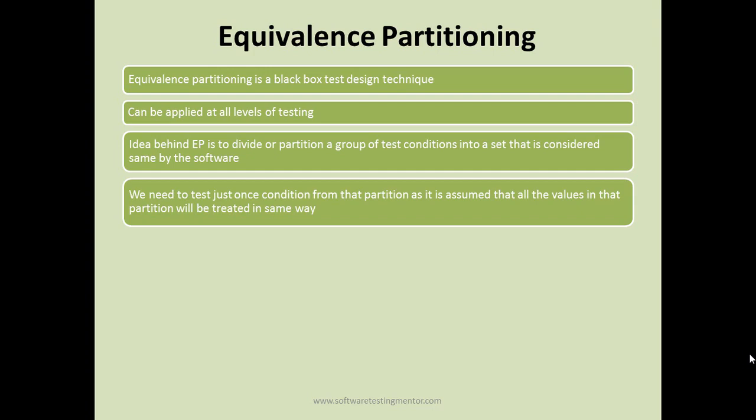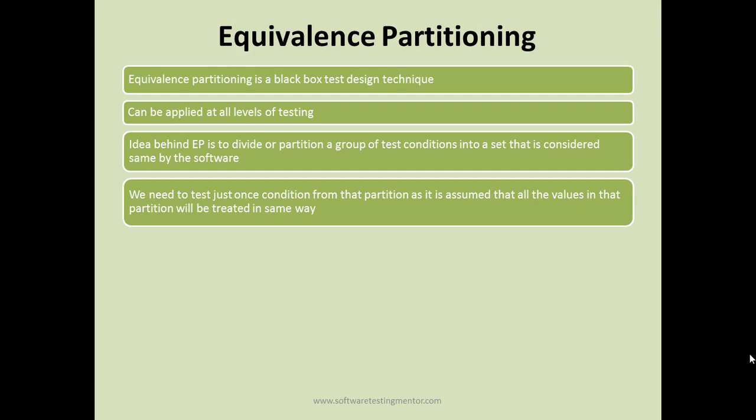Rather than testing inputs randomly, it's always a good idea to test a value from an invalid partition, a valid partition, and an invalid partition. That way you have better coverage of the software.